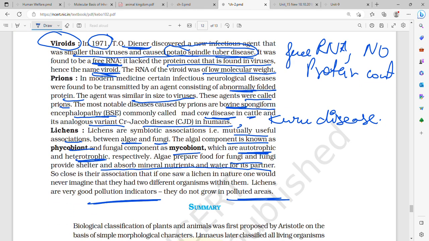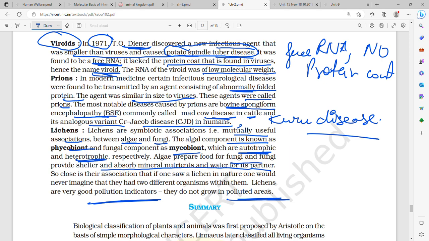Now, viroids, example is potato spindle tuber disease. Prions, example is mad cow disease, also called bovine spongiform encephalopathy, BSE, and its analogous variant in humans is Creutzfeldt-Jakob disease. And another example is Kuru disease. Prions are abnormally folded proteins.